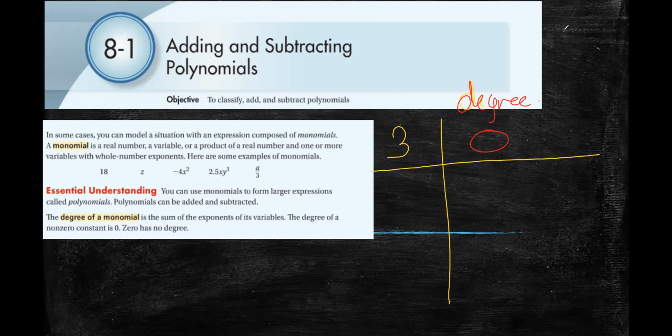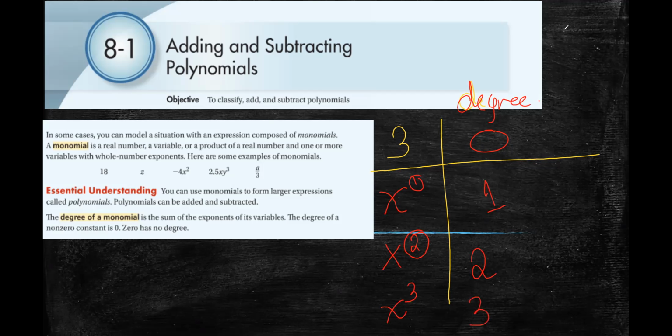If I'm talking about a constant, I will say 0. If you have x, what is the degree here? 1. If you have x squared, what's the degree? It's 2. x cubed, you will say 3.